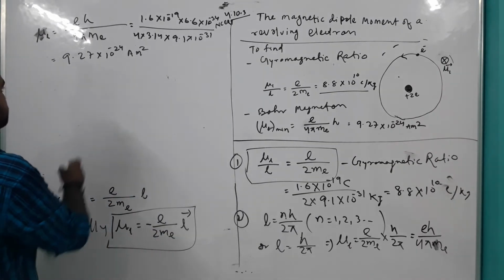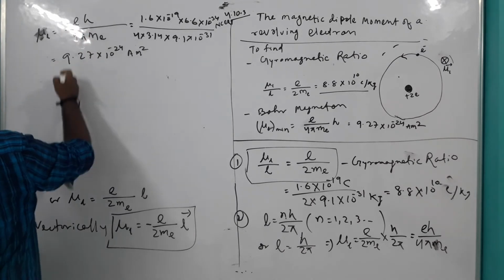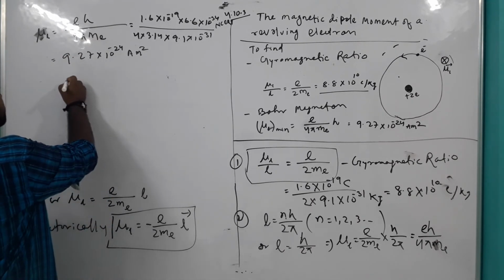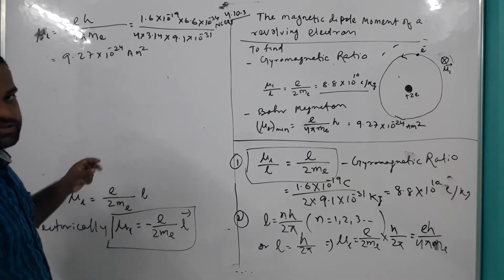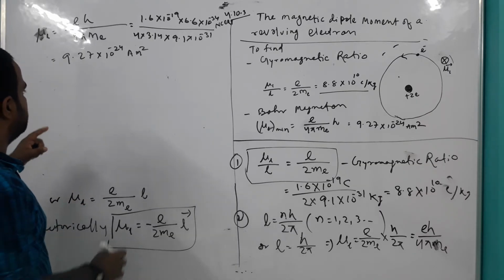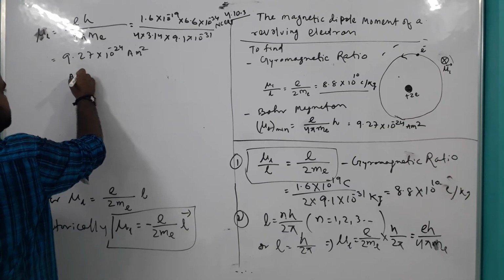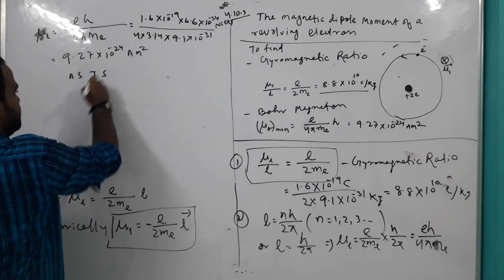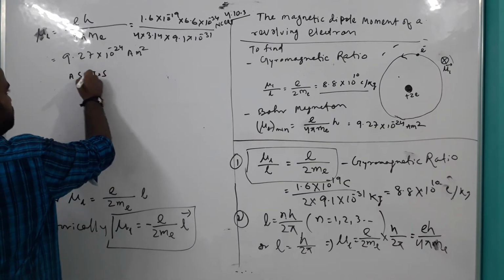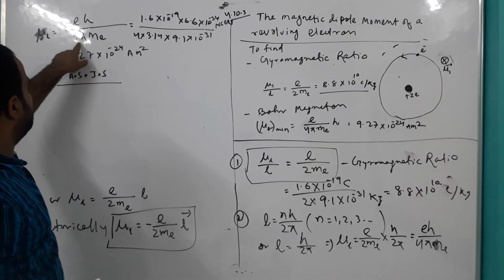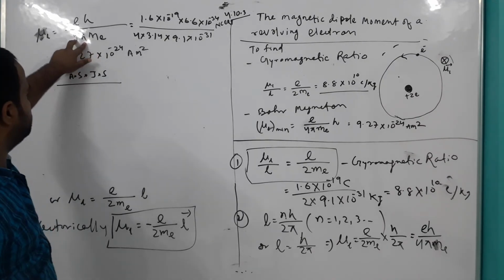Now see, here e is the charge. The unit of charge is I into T. So I can write I is ampere, time is second, h is joule second, multiplication you can write. Now 4 pi, these are the constants, no unit.